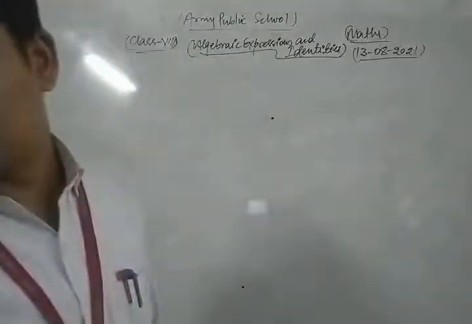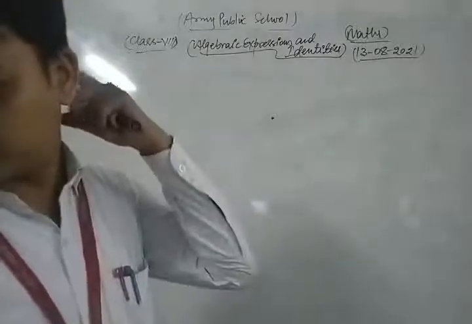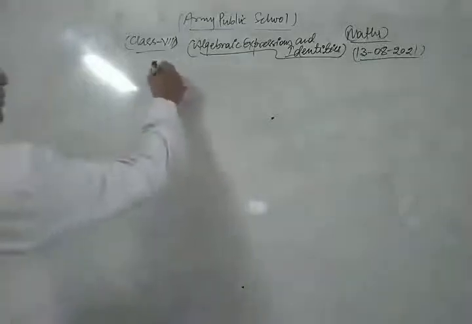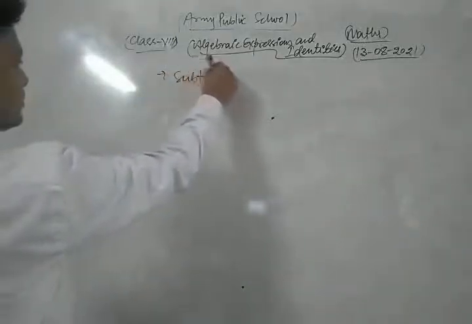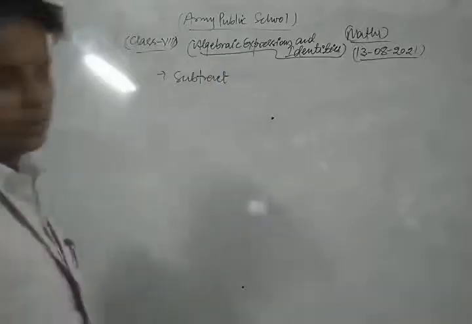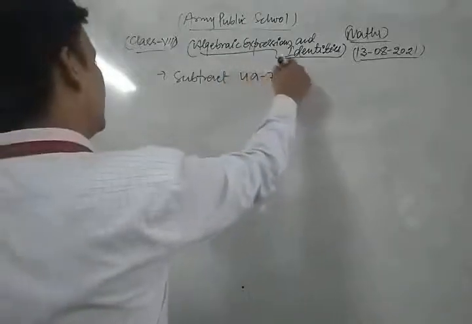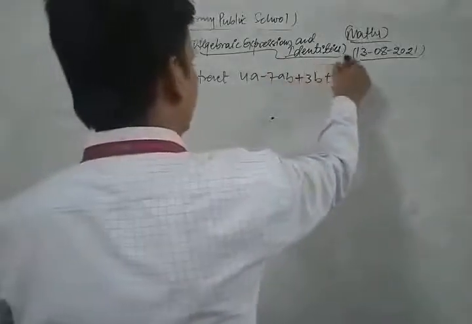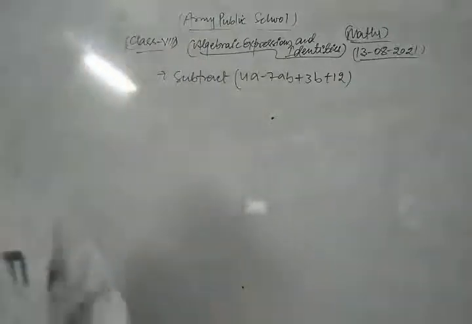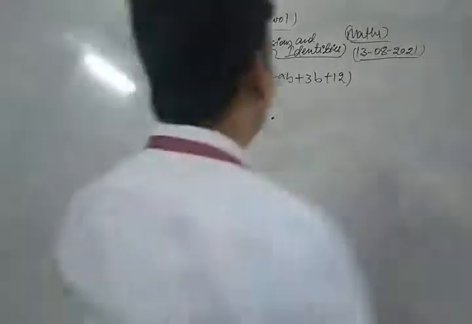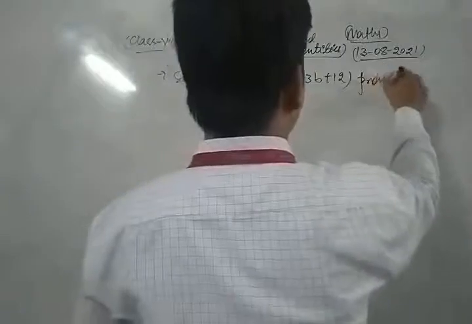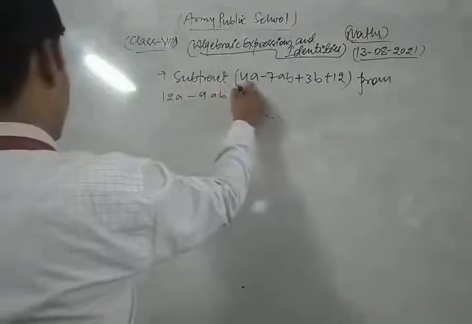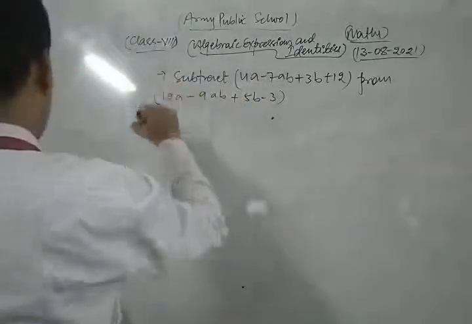Now look: subtract 4a minus 7ab plus 3b plus 12 from 12a minus 9ab plus 5b minus 3.